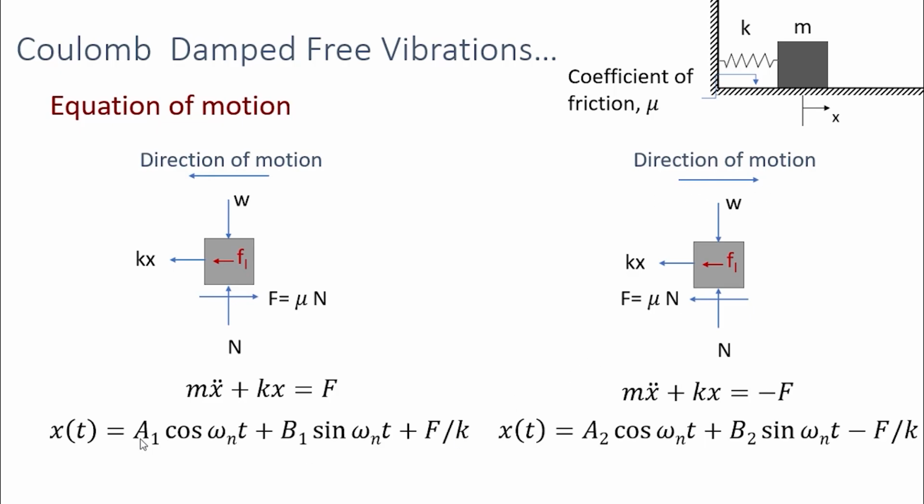So these constants need to be evaluated using the initial conditions at each half cycle. So we will have a separate solution in each half cycle.